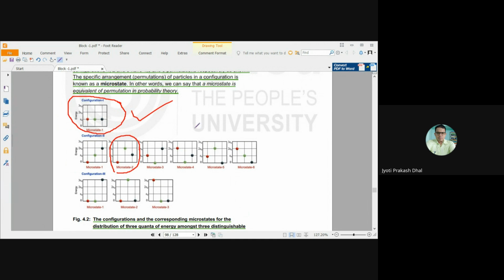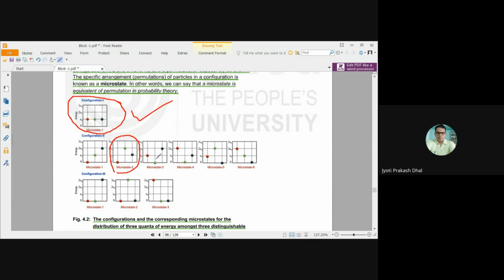Here the particles are distinguished as one particle is red color, another is green color, and another is blue color. So arranging them in three different energy levels, having energy 0, epsilon 0, and 2 epsilon 0, 6 microstates are possible.